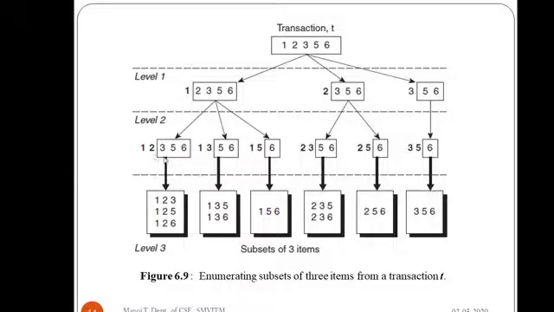What is the other way? 1, 3 I can consider as the prefix, then take a combination with 5 and 6. I can take 1, 5 as the prefix and only 6 as the combination. Similarly, we can try for 2, 3, 5, 6, then 2, 5, 6, and here 3, 5, 6.